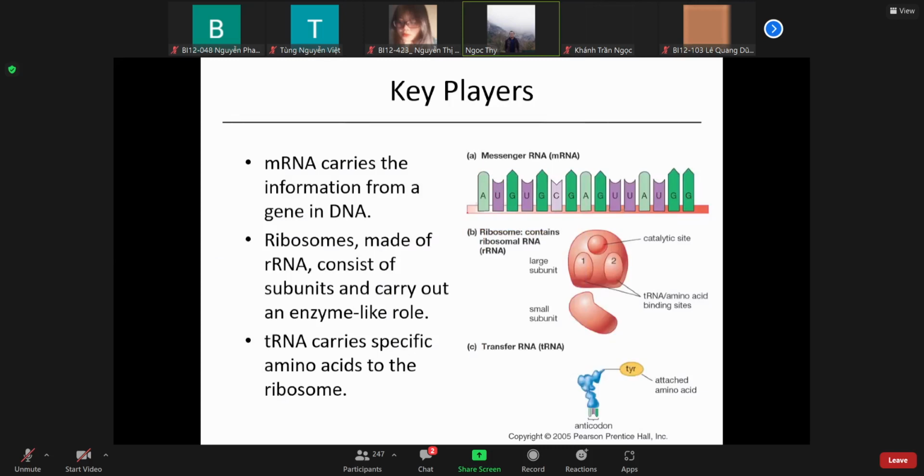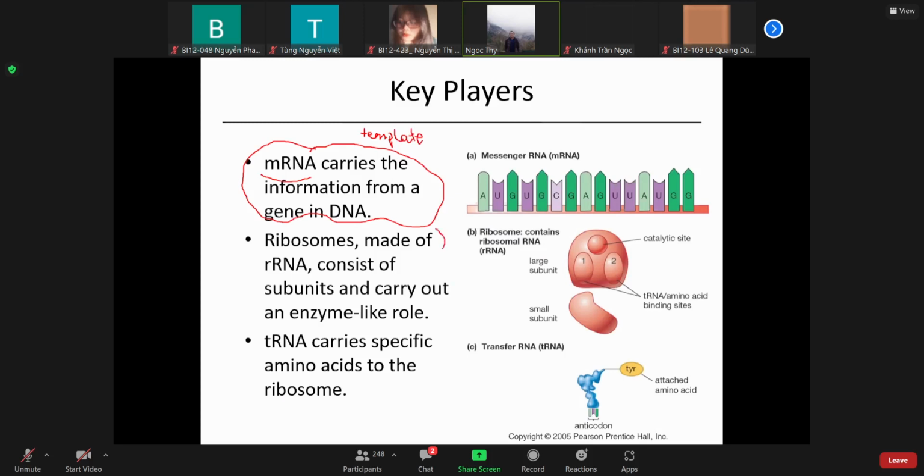So three main components played a role in translation. First is the mRNA, which is used as a template. So this is the template for the translation.